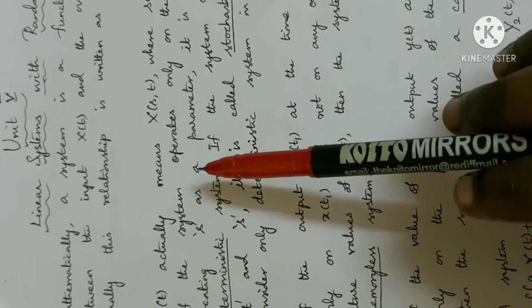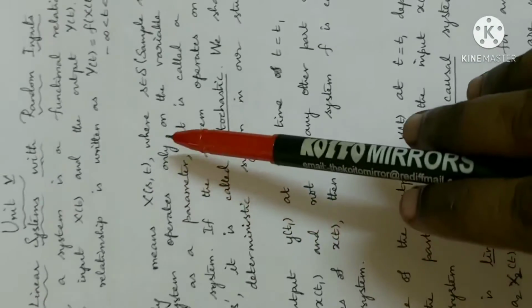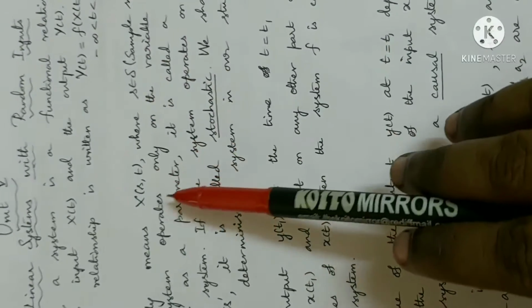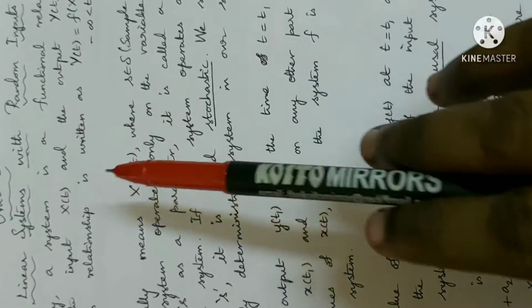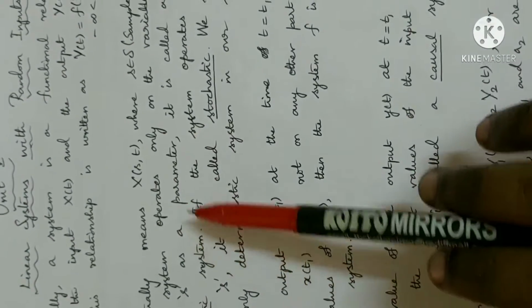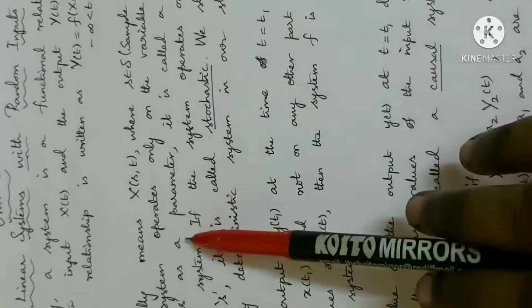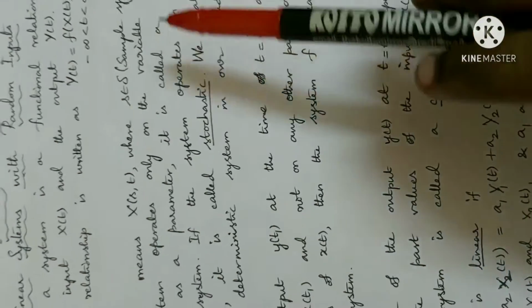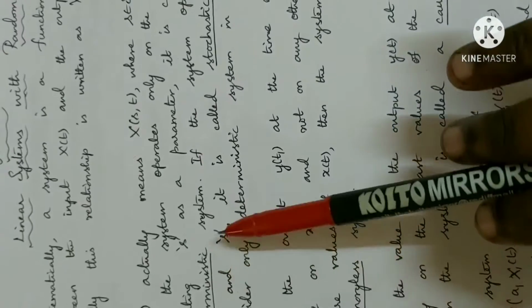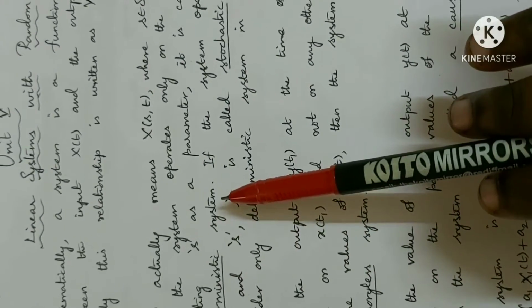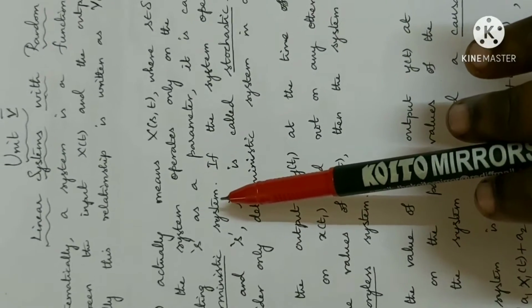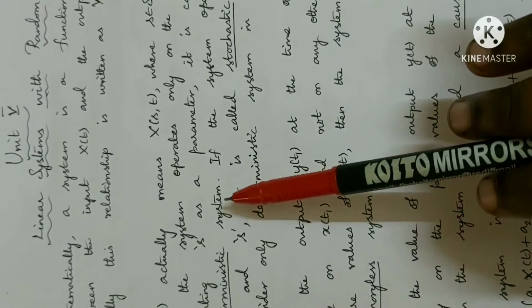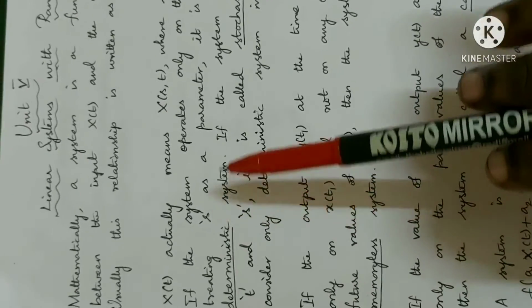Listen here. If the system operates only on the variable t, keeping s as a parameter, then the system is called a deterministic system. While starting the random process unit, I told you there are two types of experiments, deterministic experiment and random experiment.